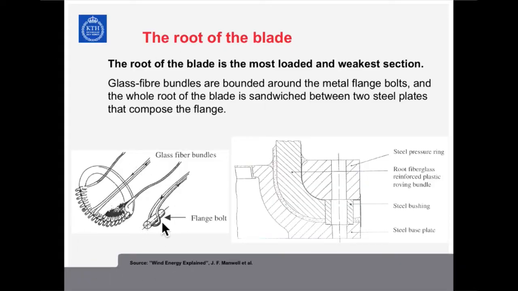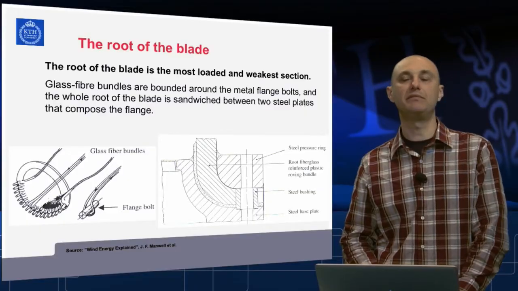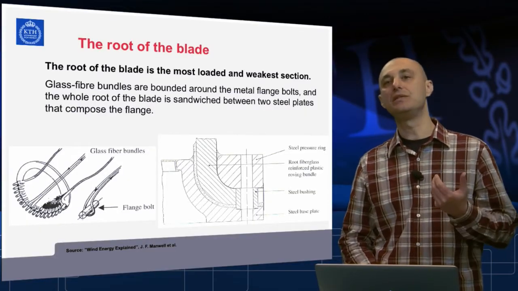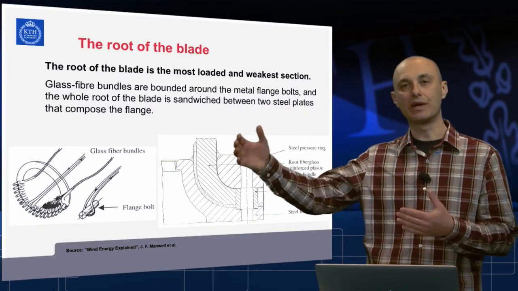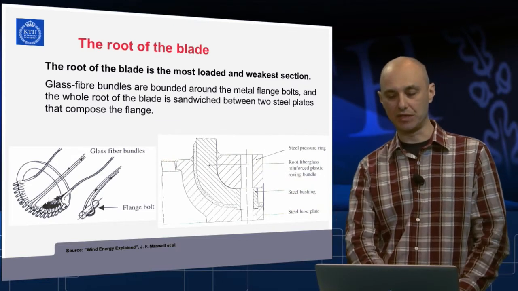How the root or the flange is made depends a lot on how long a life the blade would have. Still, the flange in real action out there has proven not to be the most vulnerable point. If a blade is damaged, it is usually damaged somewhere else, but not in its root section.